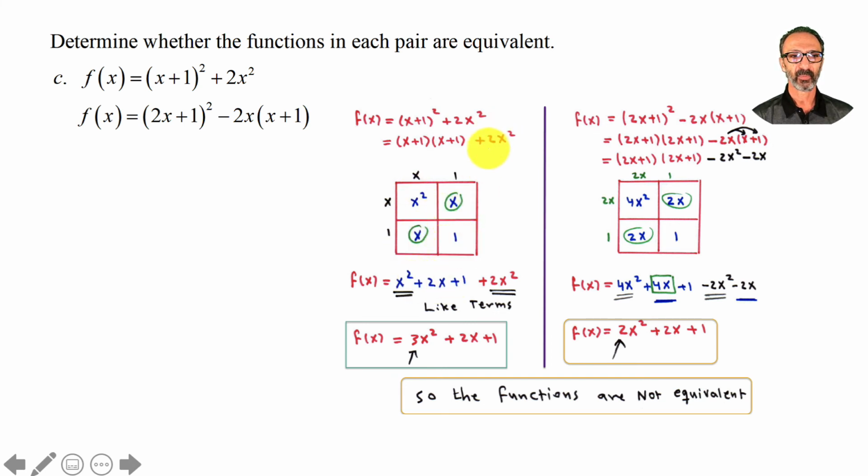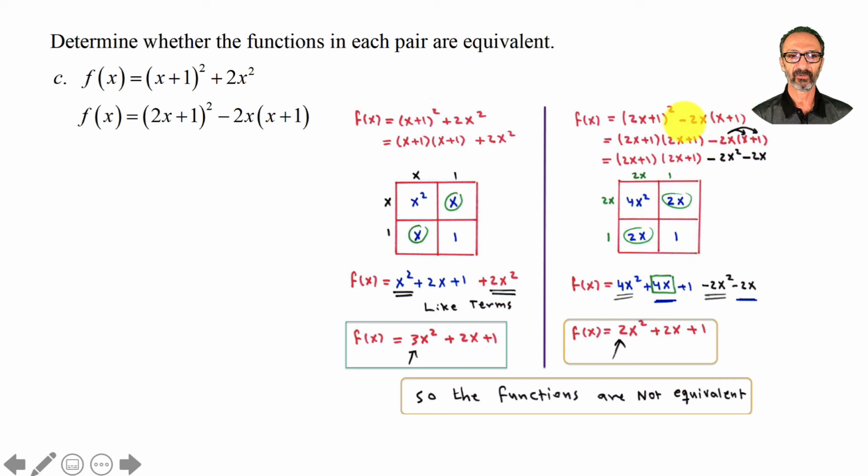Bring this down. Combine like terms. That's a 3x squared, 1 and 2 more of the same x squared. Bring the 2x down and the 1, and we're done with this function. Second function, 2x plus 1 times 2x plus 1, we'll do with the box.